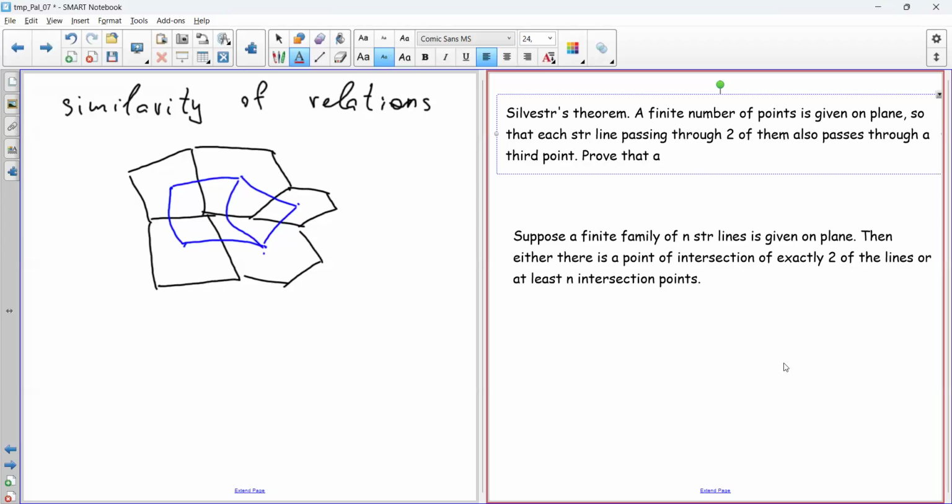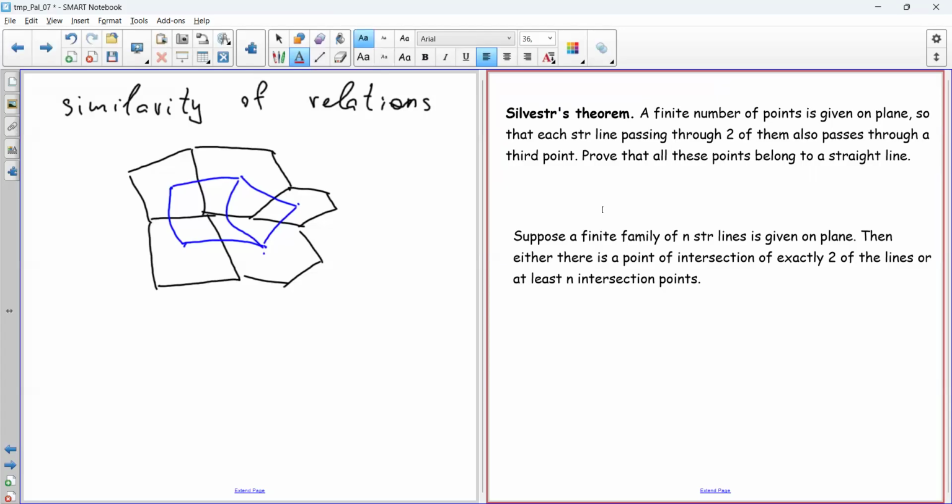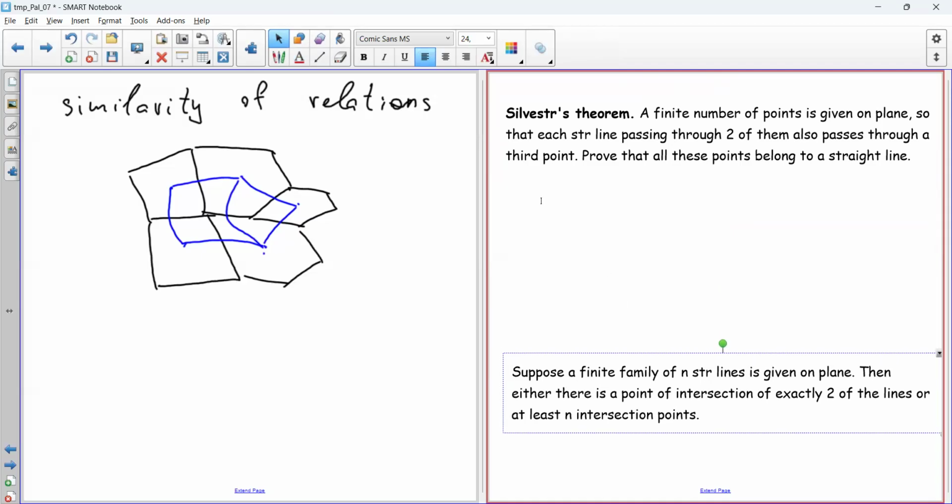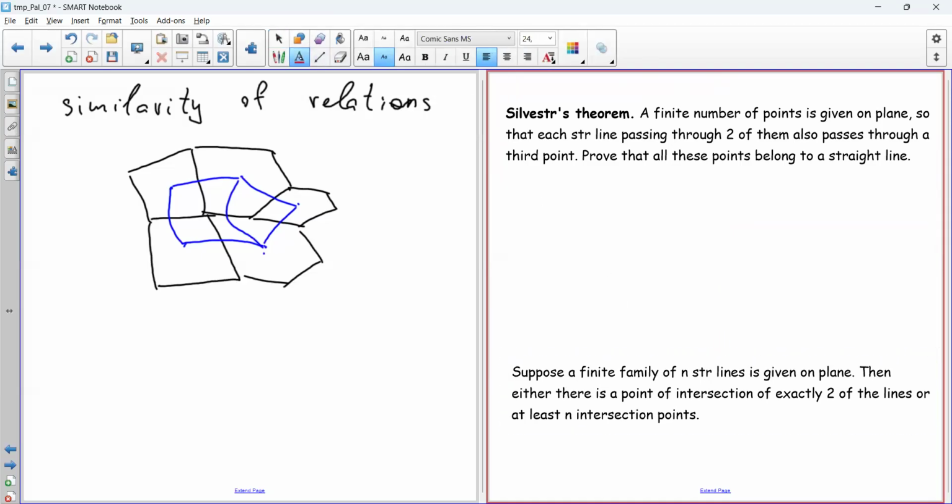Prove that all these points belong to a straight line. So this is quite an unexpected formulation, I'd say. And then, speaking of dual formulations, we have a dual problem, which would be starting from a set of straight lines, I believe.